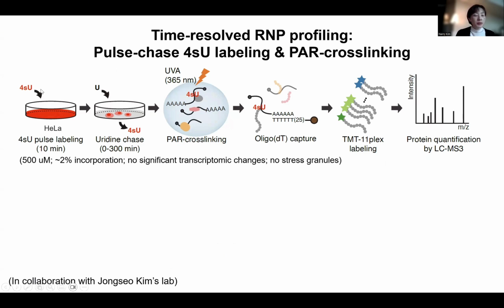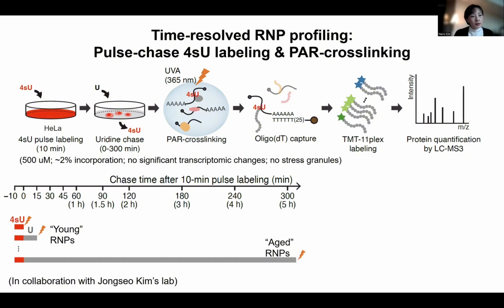So in this experiment, we briefly labeled HeLa cells with 5-IU for just 10 minutes, and then washed away the 5-IU and cultured the cells for a certain period, and then irradiated the cells with UVA to cross-link 5-IU-labeled RNA to protein, and the mRNPs were captured in a stringent condition with oligo-dT, and the remaining proteins were analyzed by LC-MS.